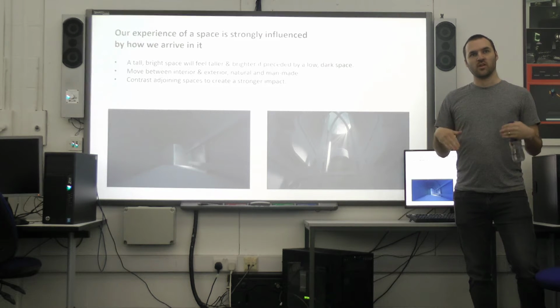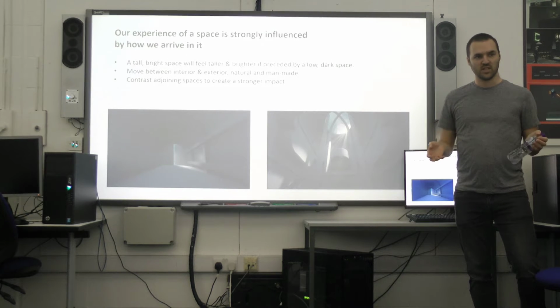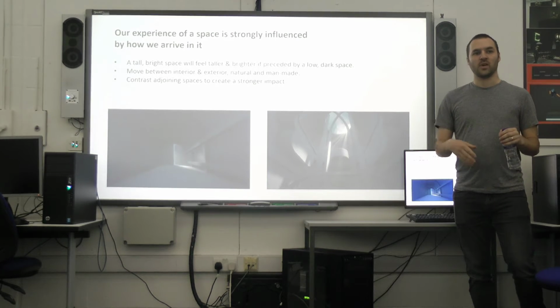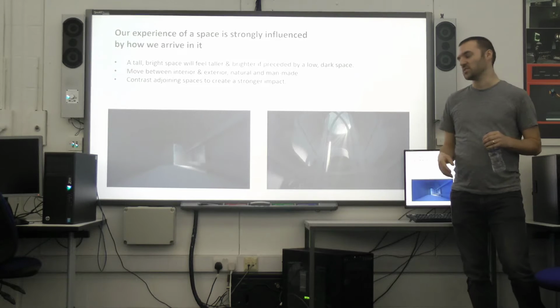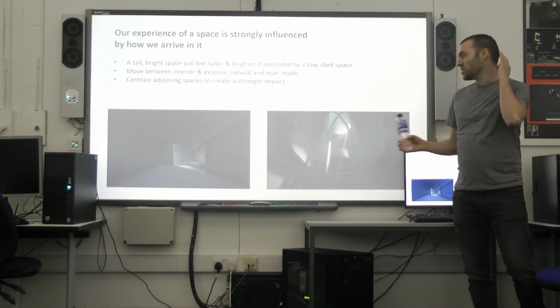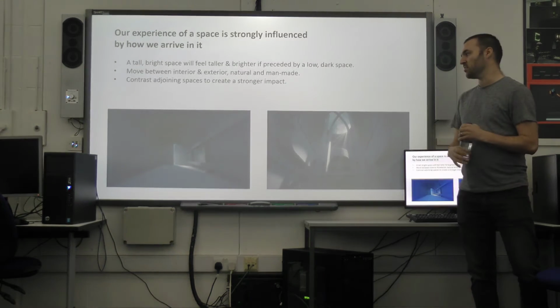It will make the slow areas feel cathartic, because you want them after an area of high intensity, and it will make the areas of high intensity feel more intense because they've come from an area of low intensity.